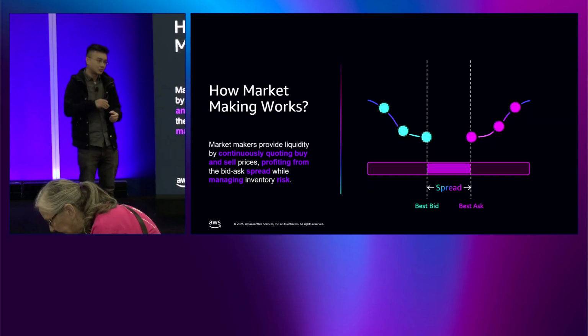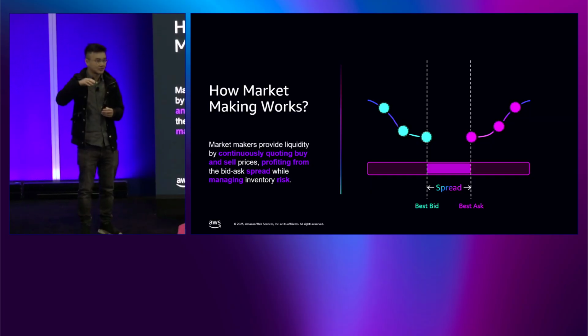If the market goes up suddenly and doesn't fall back, so only the ask orders are executed without the bids, then the market maker may need to refill the inventory by buying it back from the market at a higher price. That means the market maker sells at a low price and buys at a high price, which may incur a loss in the market maker's portfolio.